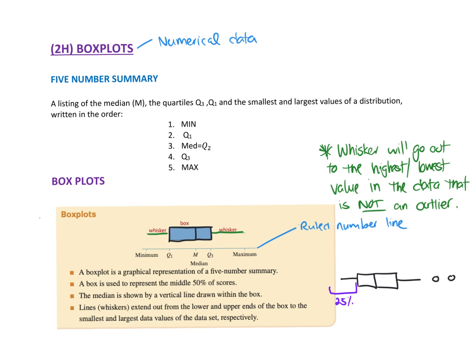So if you were surveying 100 people, 25 people would have a response less than the Q1. And then 25% would be in between the Q1 and the median. That makes sense because we know the median would be the 50% mark. And there's 25% in that one, and then there's also 25% at the end.